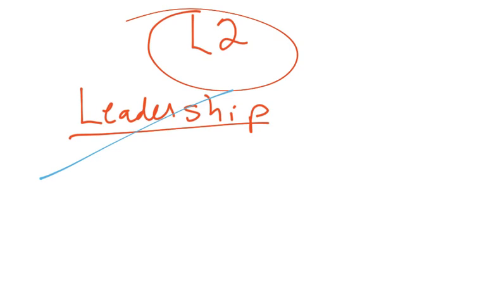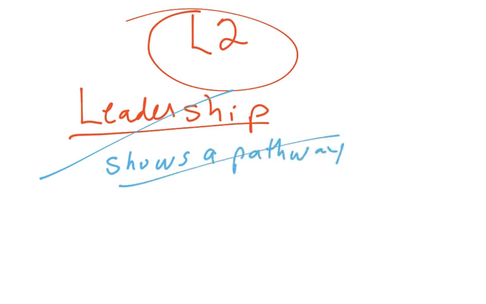So we're factoring leadership. Perhaps it gets factored into a variety of different forms. For instance, the leader shows a pathway. Maybe that gets factored a little bit to the leader visualizes an ideal outcome.